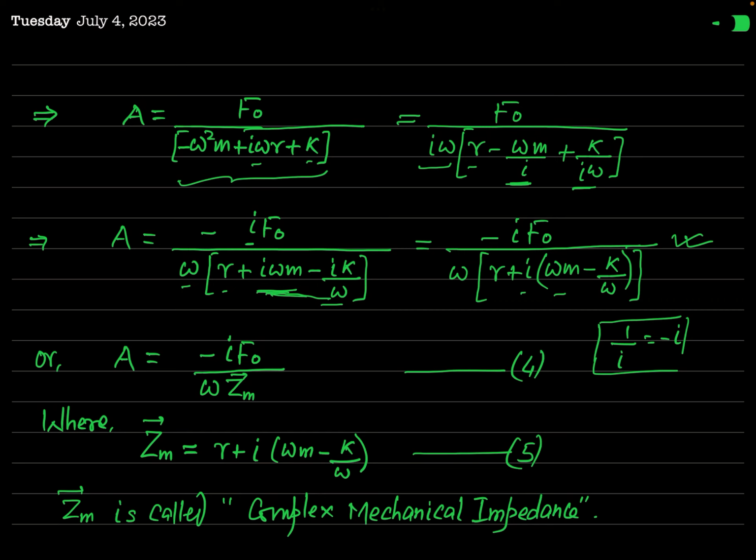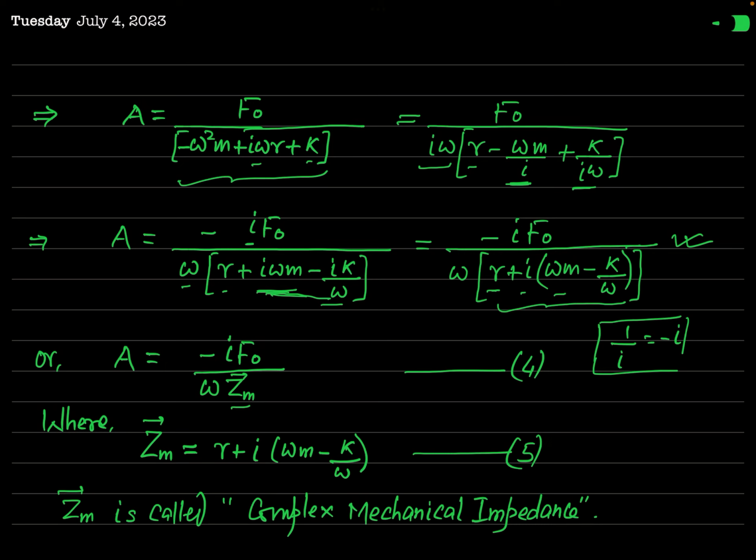Now for this bracketed quantity, which is just a complex quantity, r is its real part and omega m minus k by omega is its imaginary part. For this I have written here Zm. Actually over this Zm I have put the vector sign because a complex quantity is just equivalent to a vector.